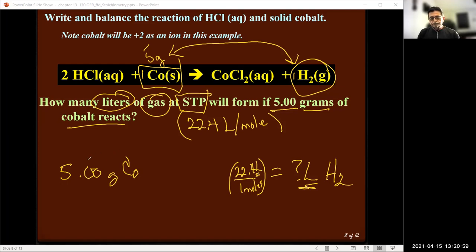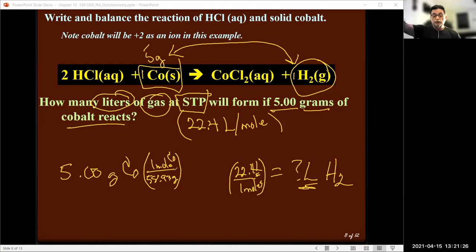All right, so I'm in grams, and like I stated, before I can do anything, I need to convert grams to moles. So cobalt, what's that number? According to the periodic table, it's 58.93 grams per mole.